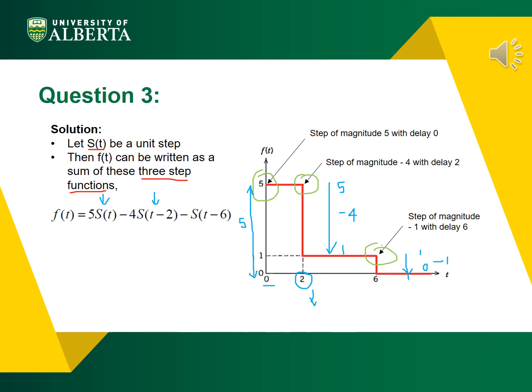So the final term would be minus s of t minus 6, because it occurs at time t equal to 6. So the delay is 6 seconds or minutes. So the original function f of t will be the sum of these 3 step functions here.